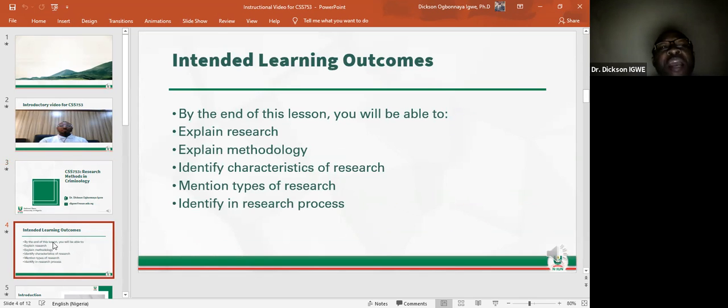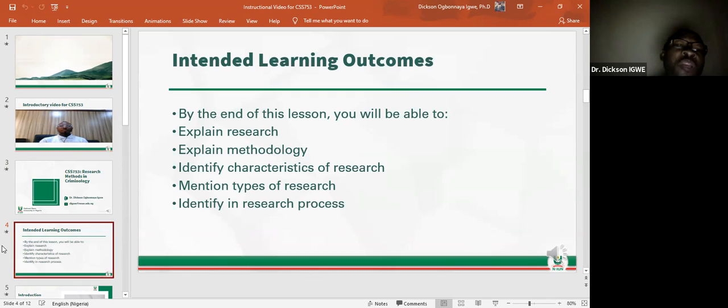And here we have a couple of intended learning outcomes, one of which is that at the end of this lecture, the students should be able to explain what research is all about, the word research. They should explain what the word methodology is all about. They should also identify the characteristics of research, as well as mention types of research identified in research processes.